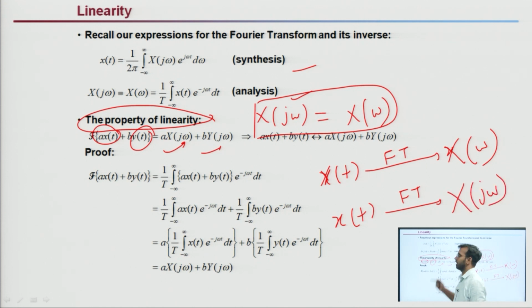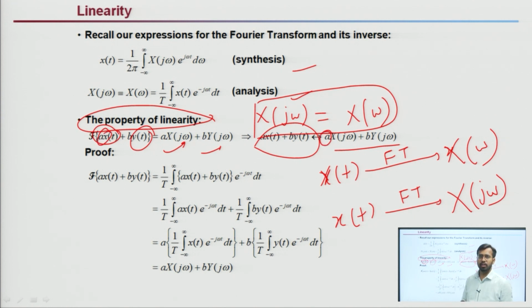If you know the Fourier transform of x t is X omega and of y t is Y omega, and we have a x t plus b y t as input, we will get a X j omega plus b Y j omega as the output. This is the linearity property. If the input is multiplied by a, the output is also multiplied by a. The response remains the same, only the amplitude changes.